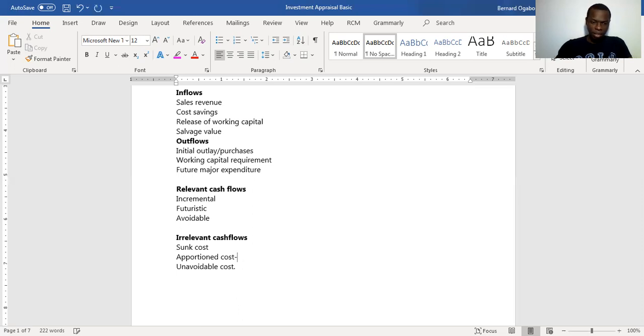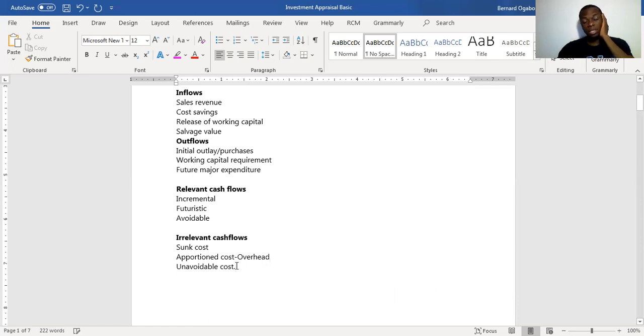And in this place, the main culprit here is overhead. So we would ignore overhead at all levels when we are getting into the solution involving investment appraisal.